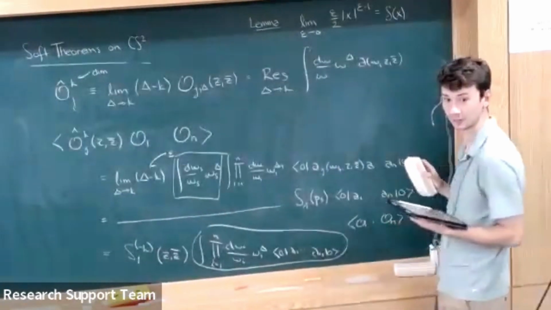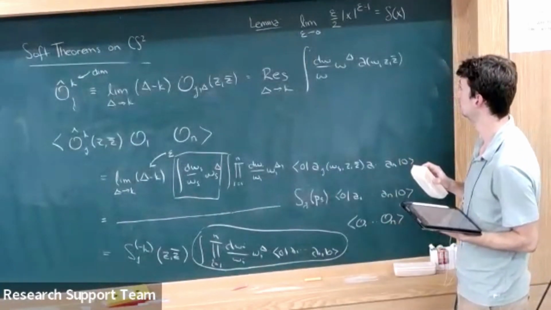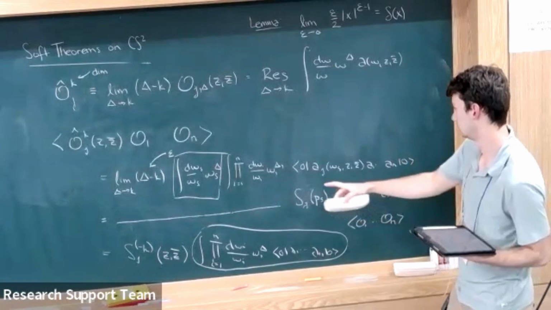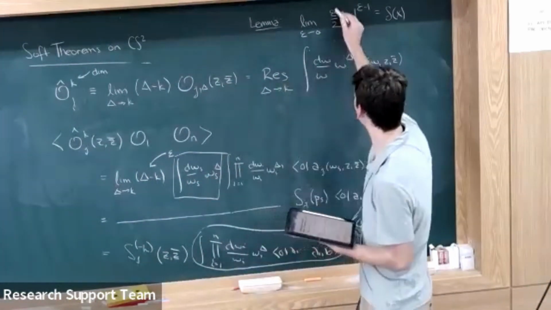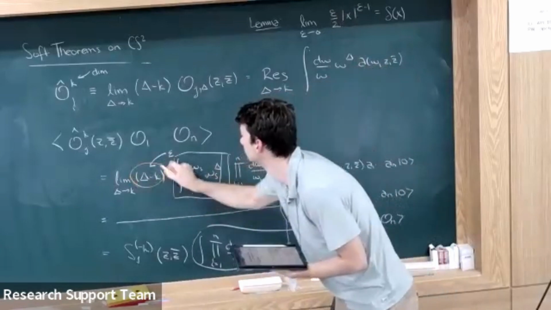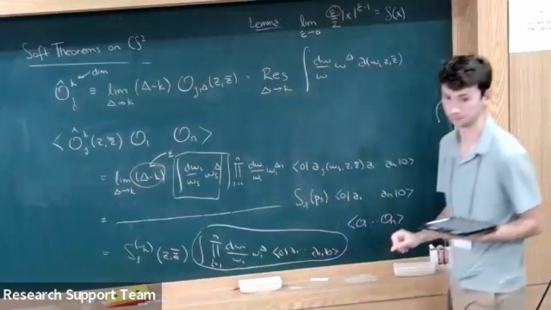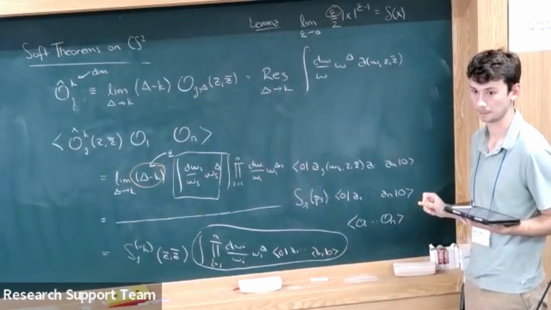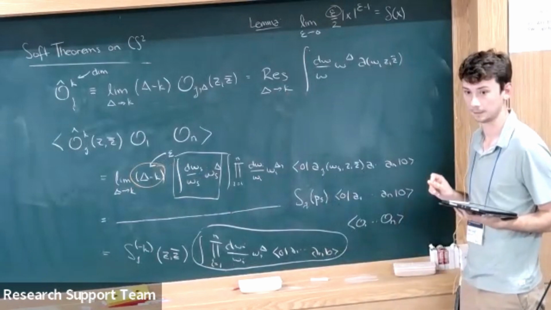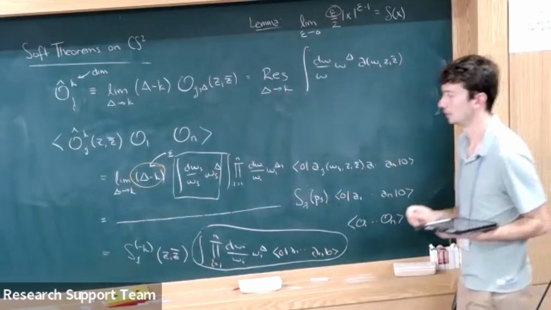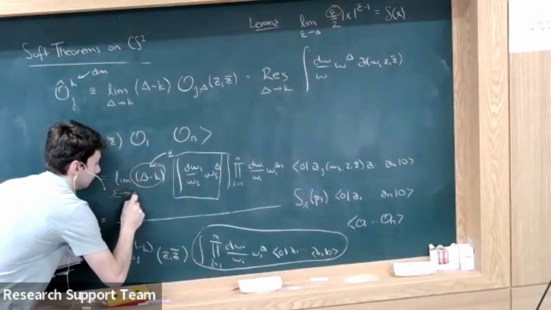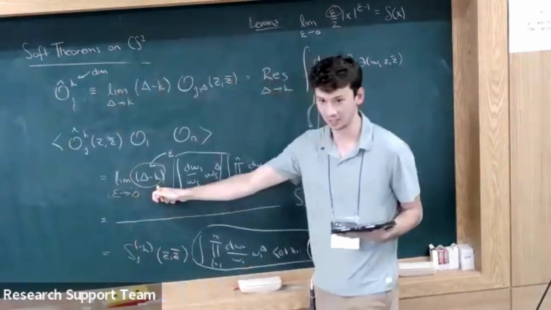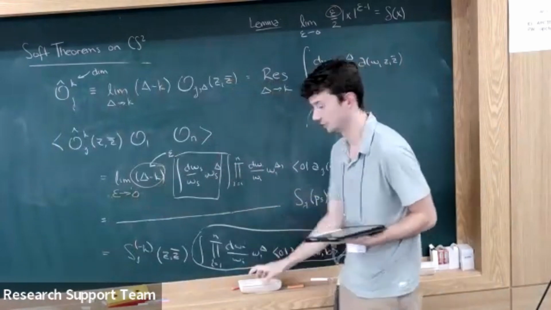Sorry, what happens to the delta minus k in that second line, that second equality? How does that go away? Yeah, the limit as delta goes to k is the limit of epsilon goes to 0, where epsilon is delta minus k. Yeah, good.